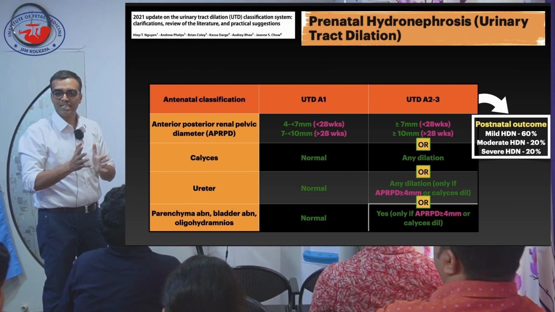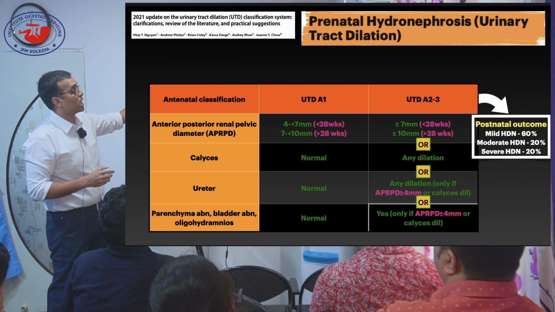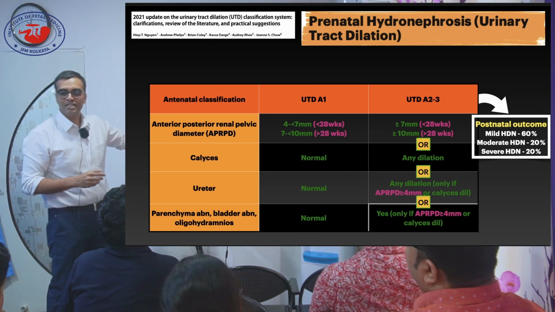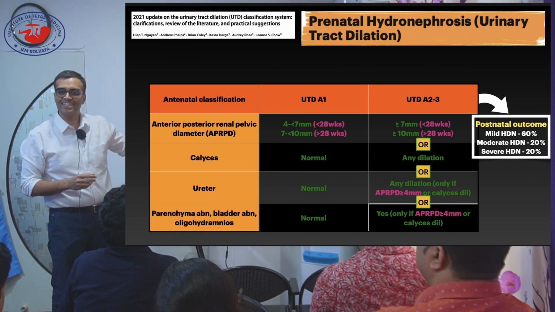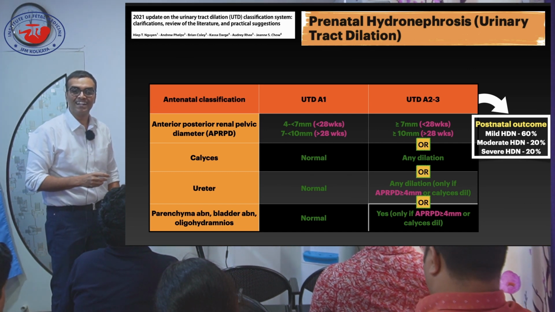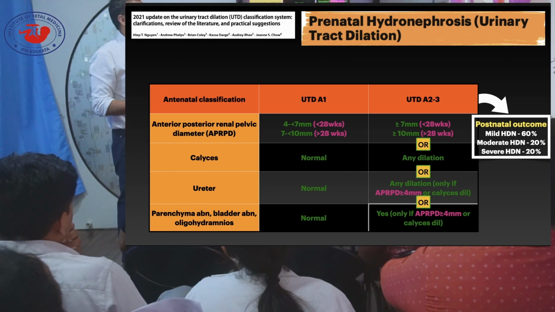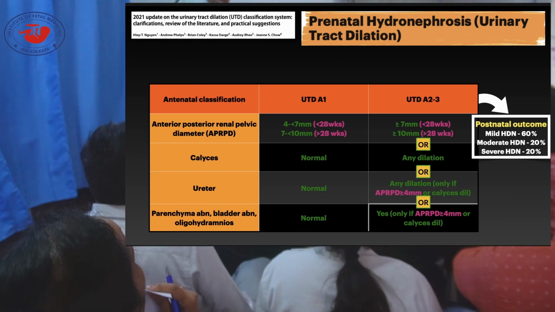If there is bladder abnormality, for example in case of LUTO, then this is not applicable at all. According to the paper which I have cited, they exclude LUTO. I used to think that in LUTO I should put it in 2 to 3, so that is wrong. As per the paper, they say it is not applicable for LUTO.